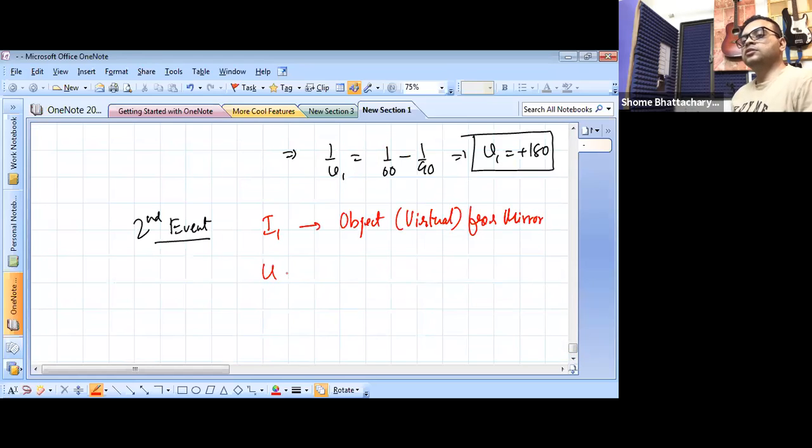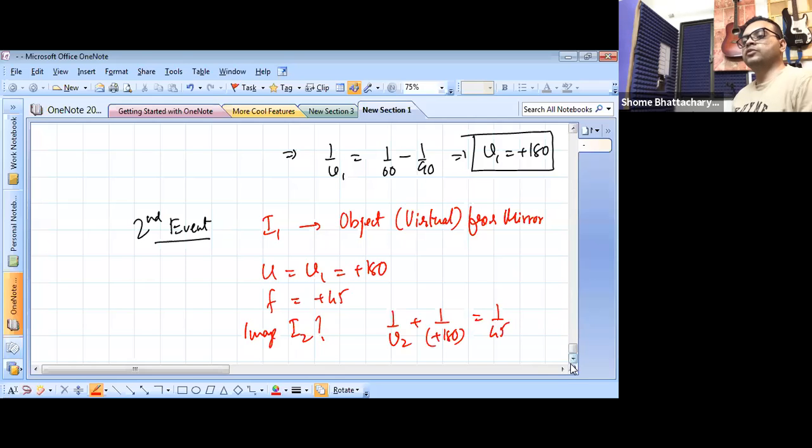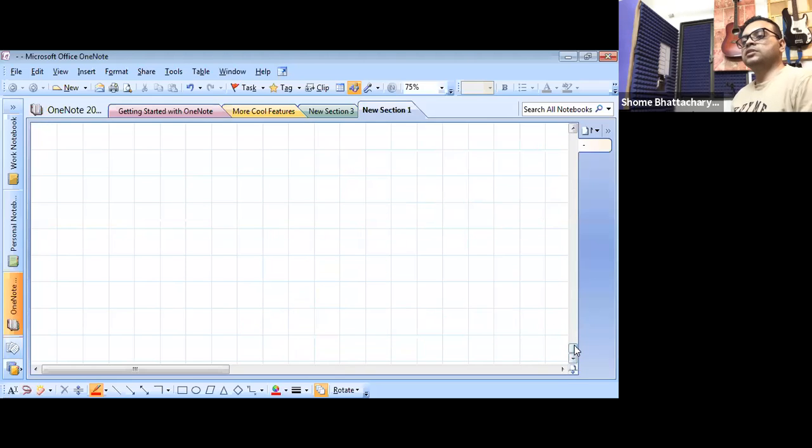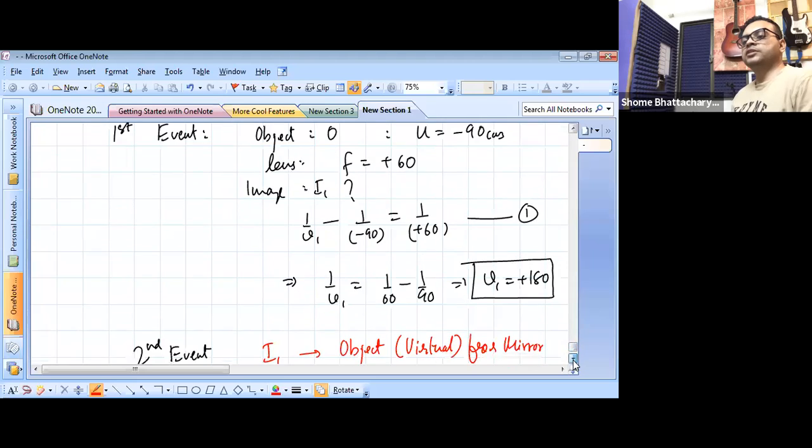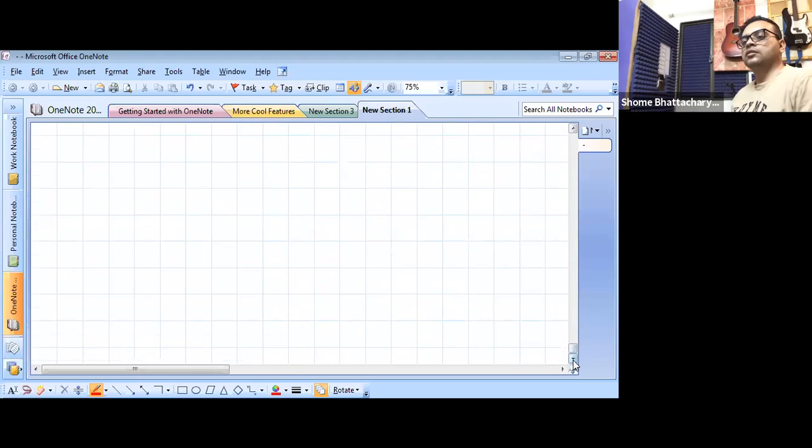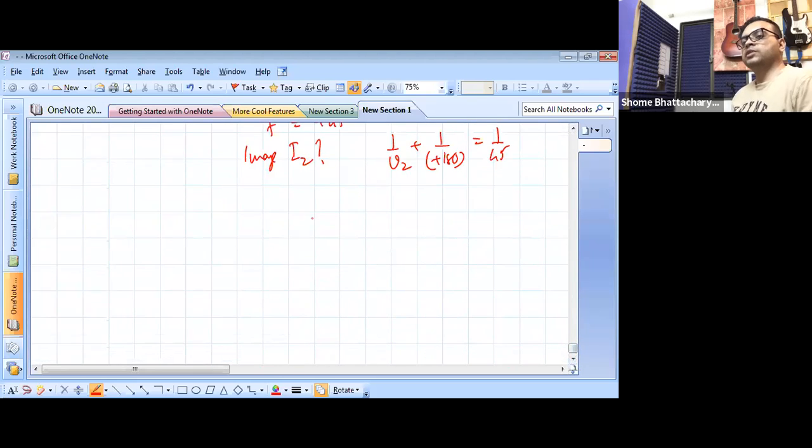So we'll take U as plus 180 and focal length as plus 45 and the image I2 which we want to find out. So 1 by V2 plus 1 by U, so plus 1 by 180, is equal to 1 by F. So this will give us the second image, wherever that is formed.